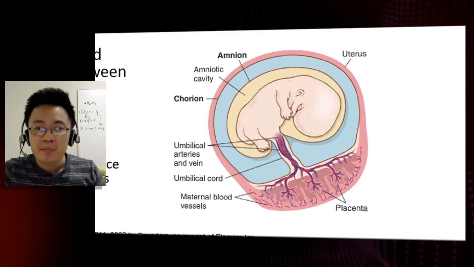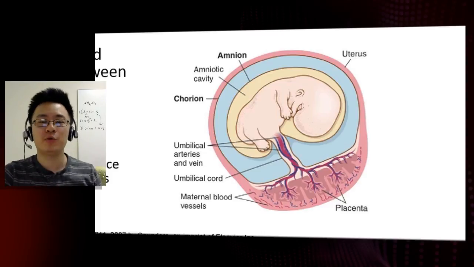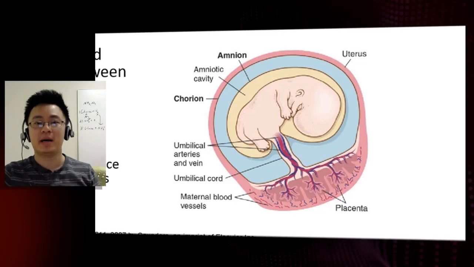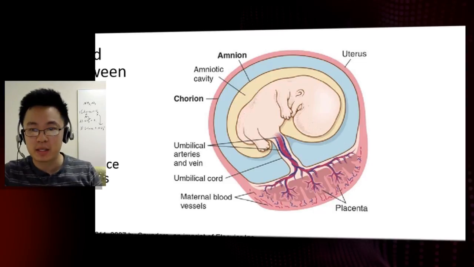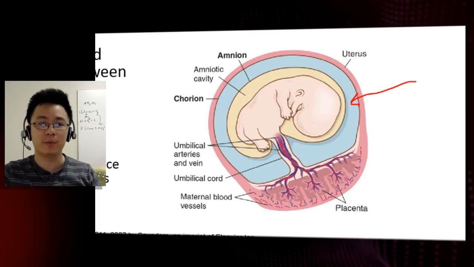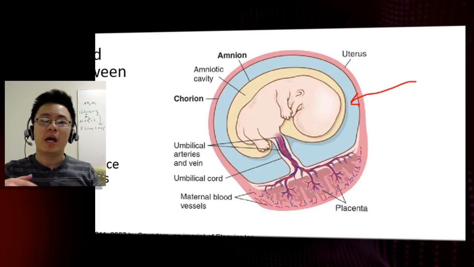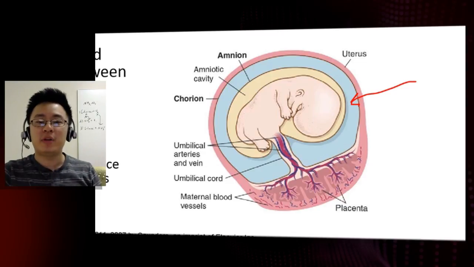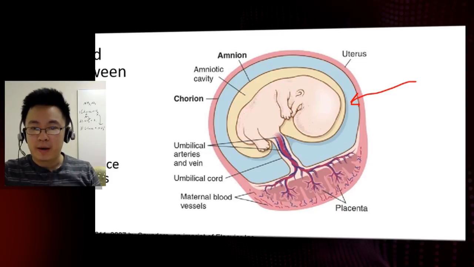Once it starts to implant itself into the endometrial lining, that would be the beginning of the placenta that attaches to the uterine wall. Now, the amnion holds the fetus in an amniotic cavity, as you can see here, as it grows larger and larger, and the nutrient, oxygen, and waste exchange between the fetus and the mother happens at this area.